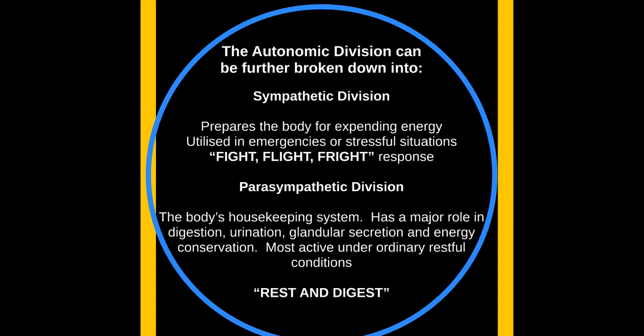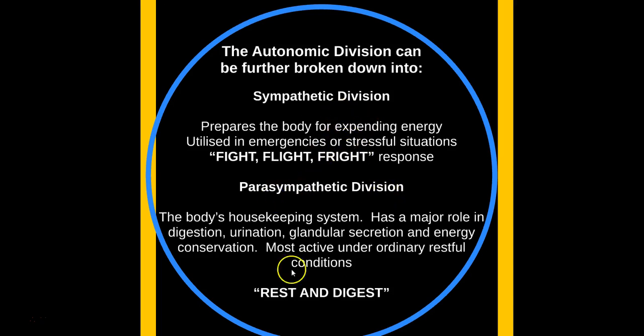So here are the two splits of that autonomic one, as I mentioned, the fight, flight, or fright response, known as sympathetic. So it's really important that you know the two names for the division. Sympathetic is fight, flight, or fright, and that is how you respond to stressful situations. So an example like burning your hand, someone jumping out and scaring you, that kind of stuff.